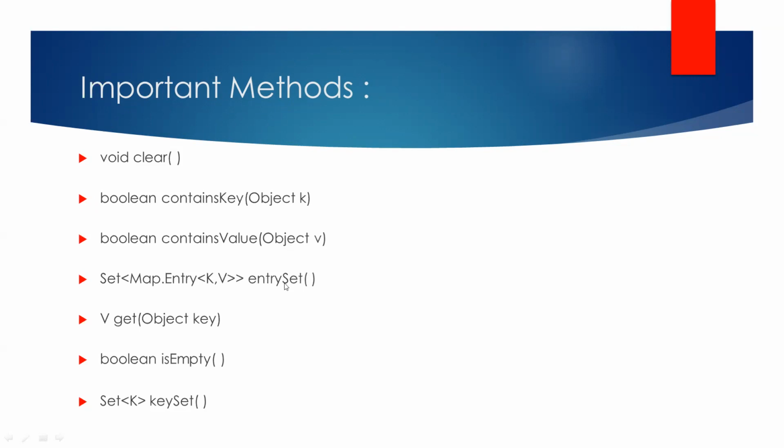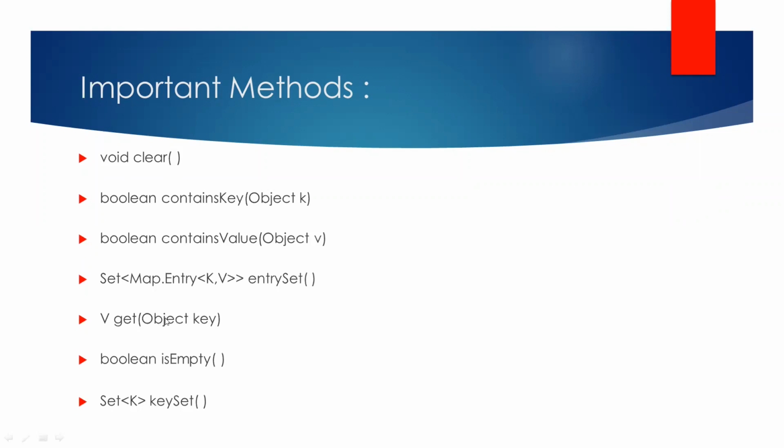And as I said, if we want to iterate, we can first convert into the set by using the entrySet method, and after that you can iterate. What is Map.Entry? I will explain. To get the value, v stands for the value, from the map, we use the get method, and here we pass the key.